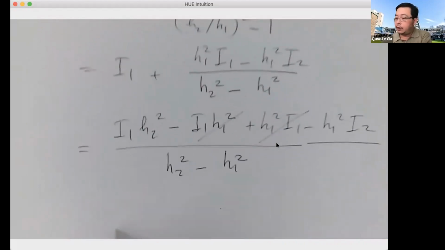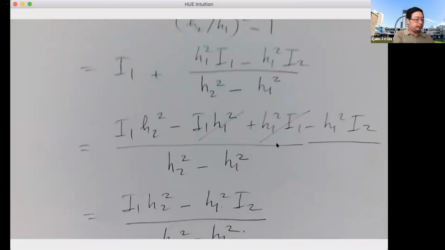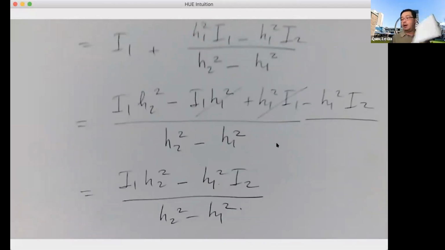Then you have exactly what I wrote down before: (I1 h2 squared minus h1 squared I2) over (h2 squared minus h1 squared). So it's identical to the formula I wrote down before.